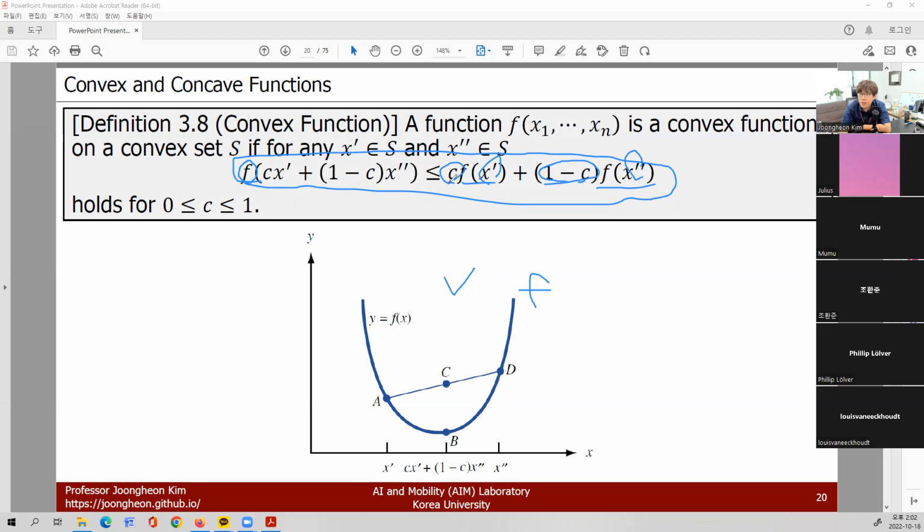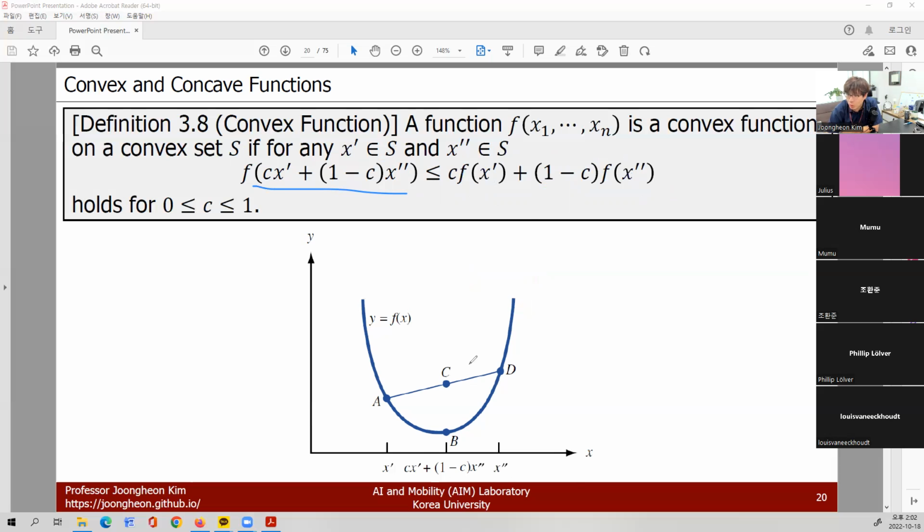You multiply f of x by c and by 1 minus c and sum them. Then you do the same thing for only the pure x, not the result of the function f, and put the result into the function f and compare. If the left-hand side is smaller or equal, then you say that the function is convex. But this kind of definition is too formal and not intuitive.